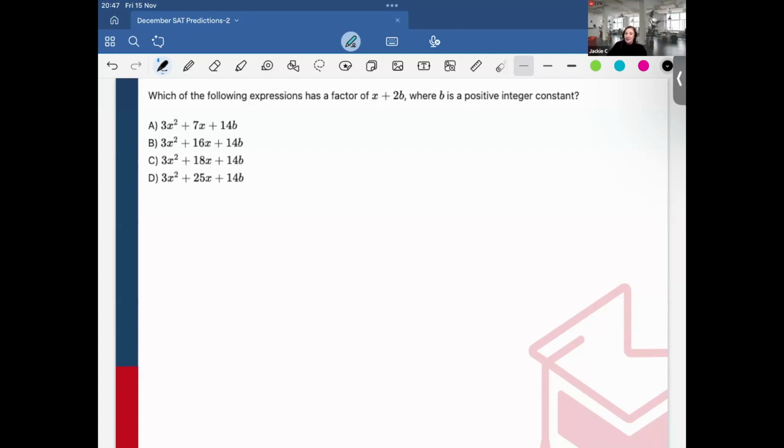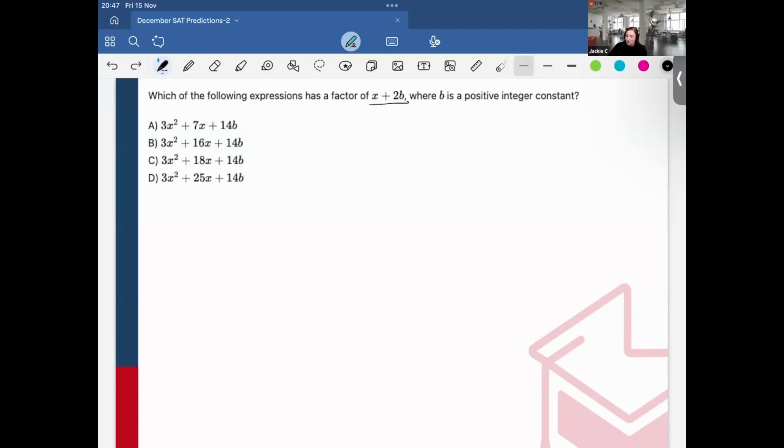Okay, so it has a factor of x plus 2b. Scanning the answer choices, I see all of the x-squared coefficients are the same, and the c values are also the same, 14b. So that's going to make my life a lot simpler.